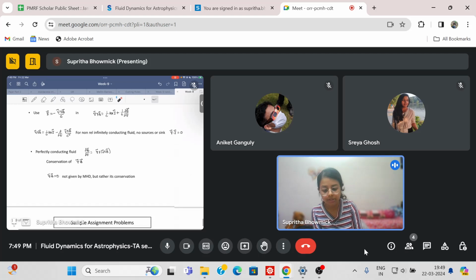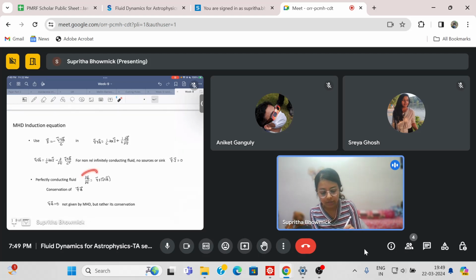Another important thing: look at the induction equation with infinitely conducting fluid. This is the induction equation. If you take the divergence on both sides, we know that divergence of curl is 0, so the right-hand side goes to 0. And then you have del by del t of divergence of B equals 0. Nowhere in the MHD treatment are we feeding in the information that divergence of B equals 0, that there are no magnetic monopoles.